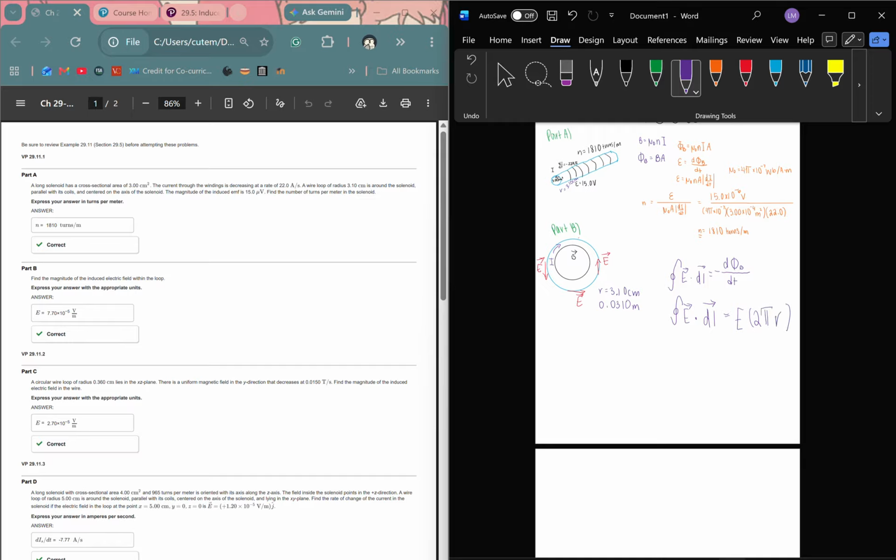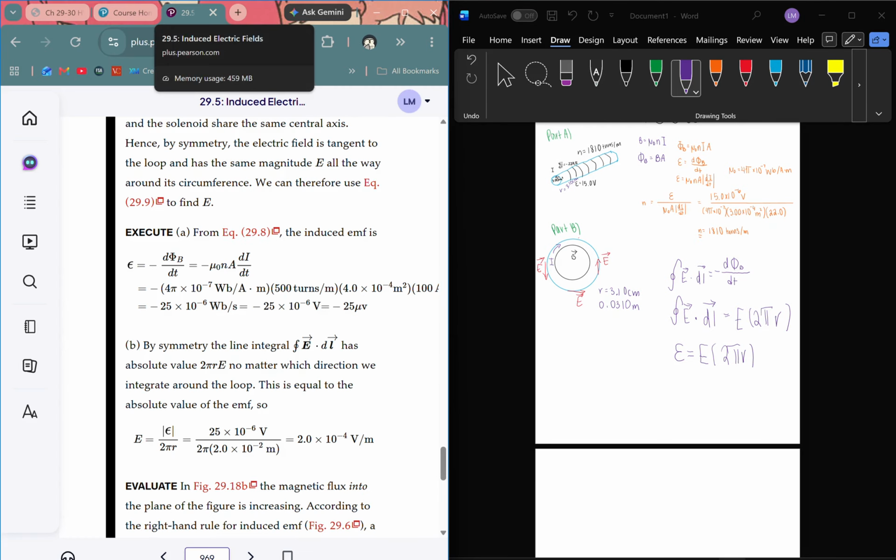And since the EMF is equal to E times 2 pi r, I think that was in the textbook.